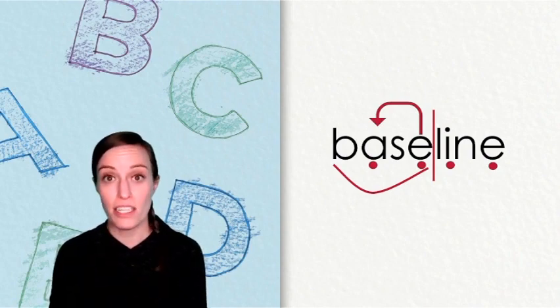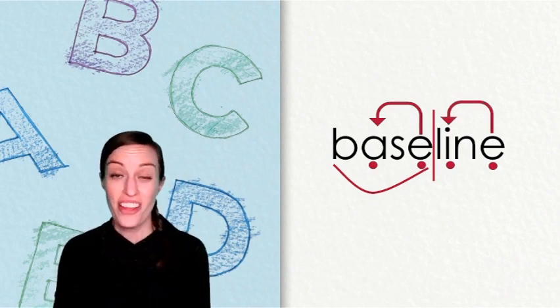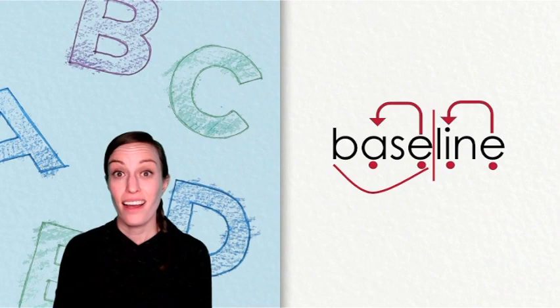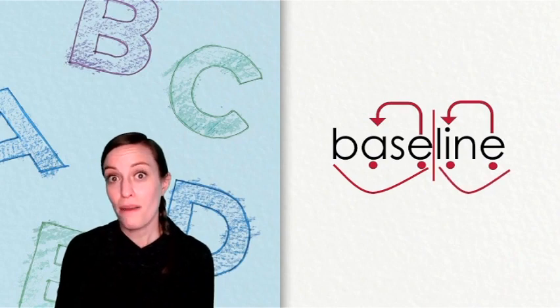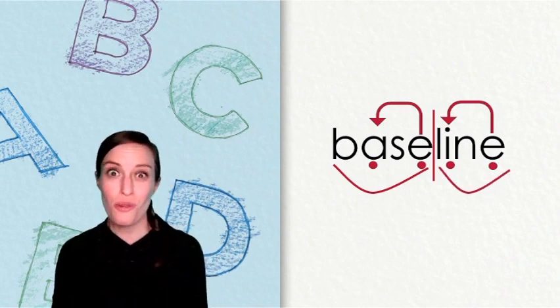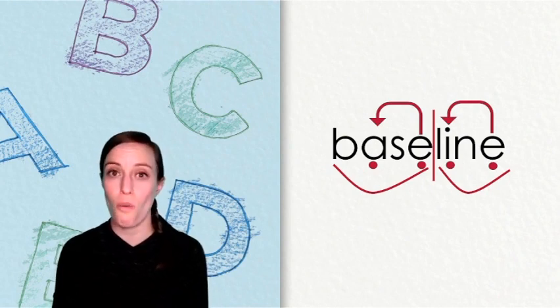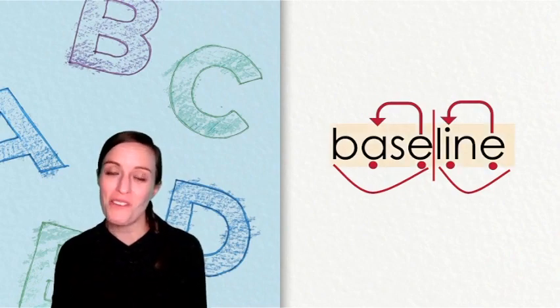In the second syllable, I see that CVCE pattern again. There's another silent E. This time it's telling the I to say I. So the second syllable must be line. Let's put those 2 syllables together to read the whole word. Base, line. Baseline. That's a compound word. Way to go!